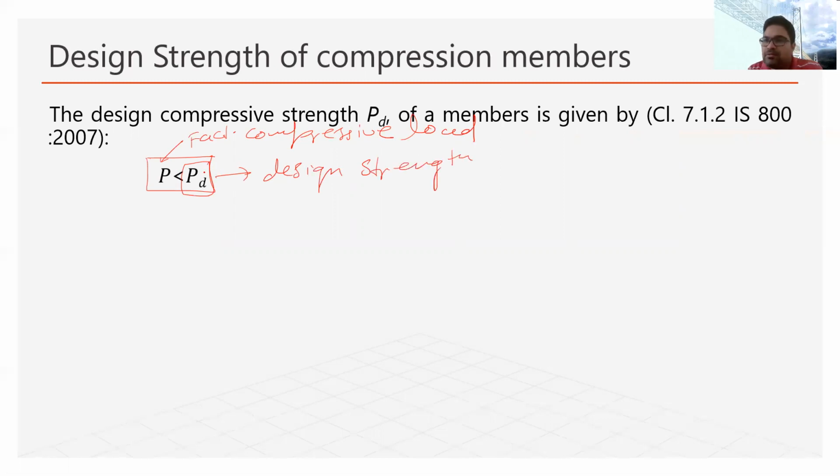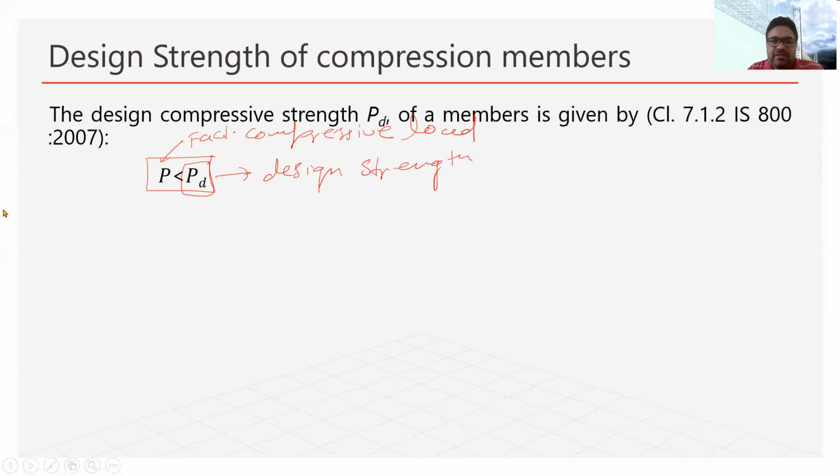Ideally, the factored compressive load, which is the external load applied on the compression member, should always be less than the design strength of the member. Then only the member will be able to carry the load.